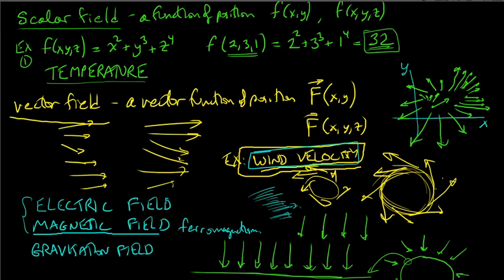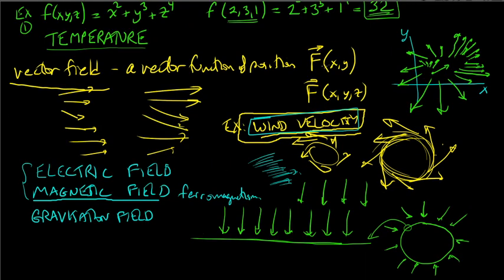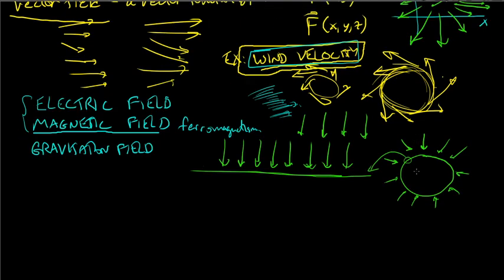Okay, enough of that. Let's get to some examples of vector fields in general, whether they're electric, magnetic, gravitational, or wind velocity. We're just going to talk about generic vector fields. So we have some generic vector field F in the xy plane.